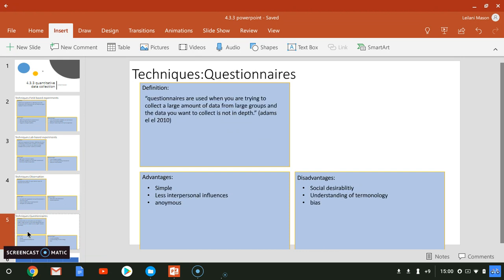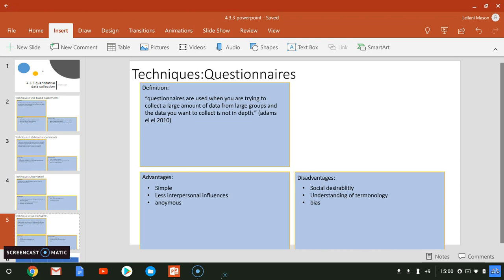So back to questionnaires. An example of questionnaires in gymnastics is that the researcher could be wanting to find out the gymnast's anxiety and pressure during competition. So they would ask questions about how their feelings are and how they feel about it.